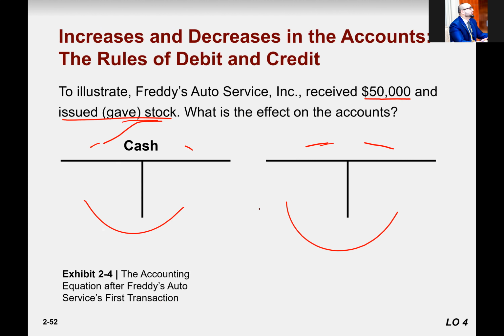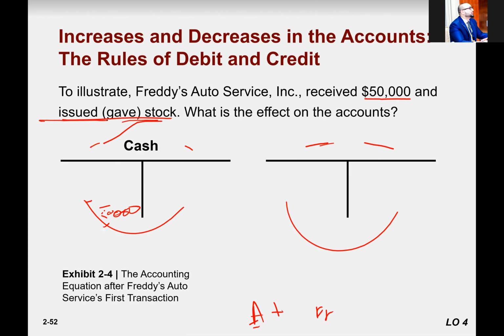The business receives cash. Cash is our asset. If an asset increases, what do we call that? It's debit. So we record cash on the debit side. 50,000 should be recorded here. And the company issued capital, common stock.